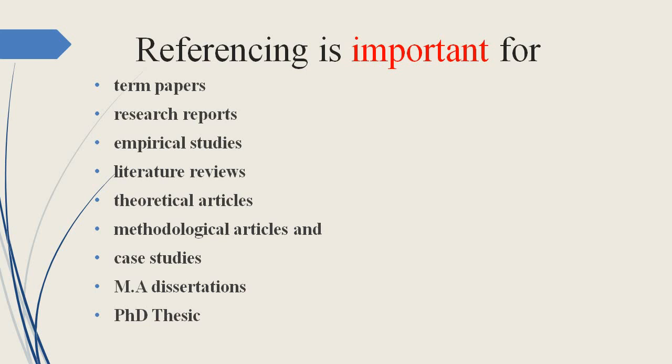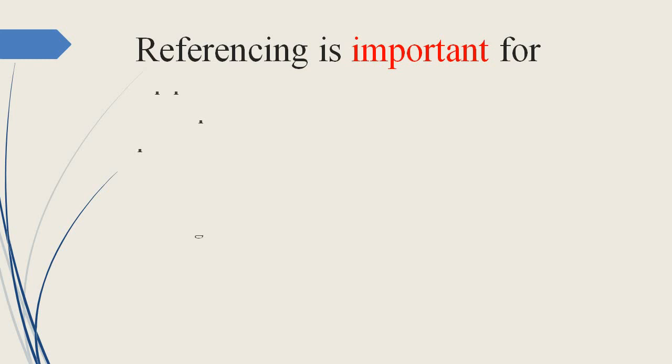So this is a long list of things that we do in academia. Referencing becomes an important baseline for standardization of all kinds of written work or publications that we intend to do further.